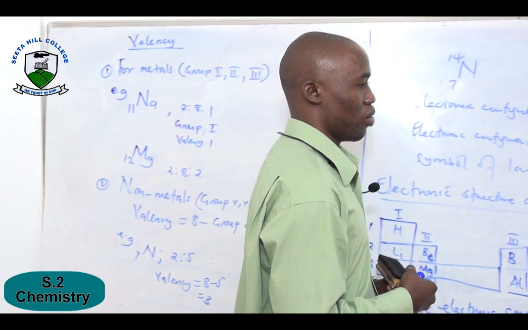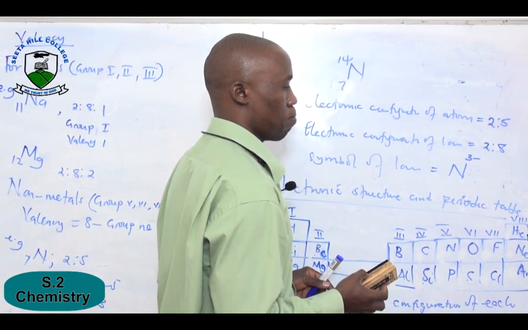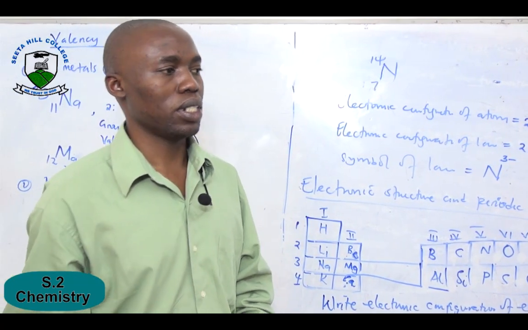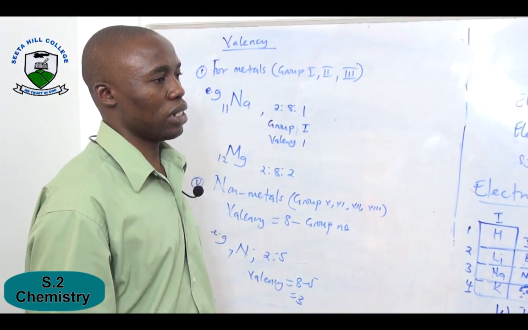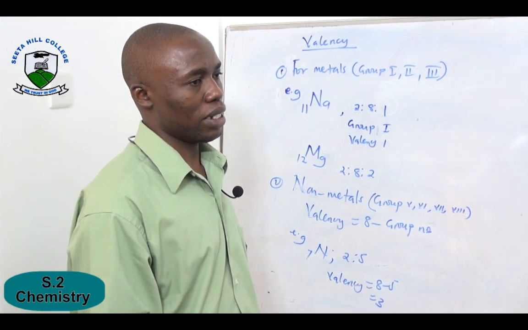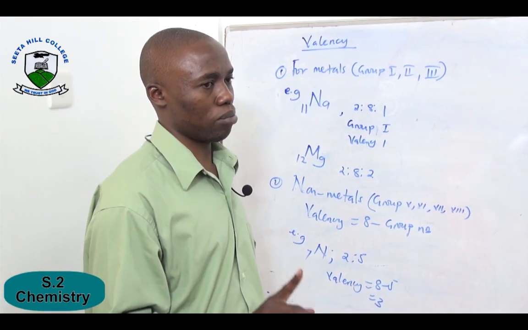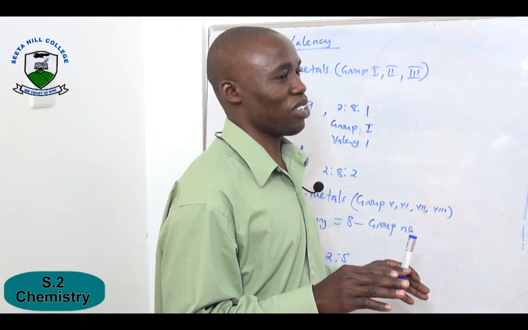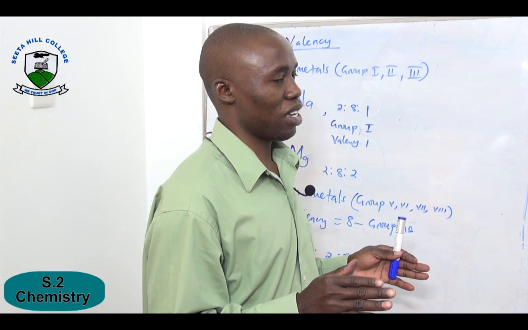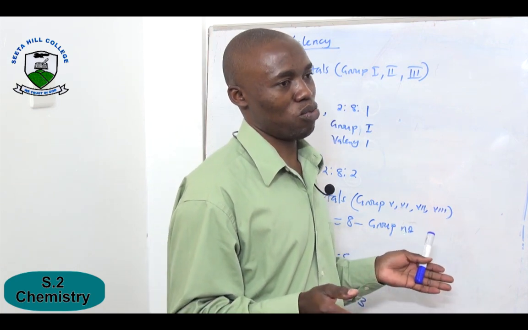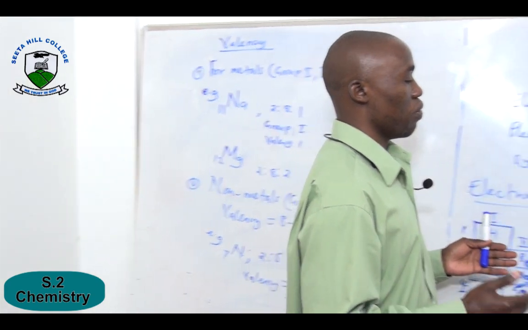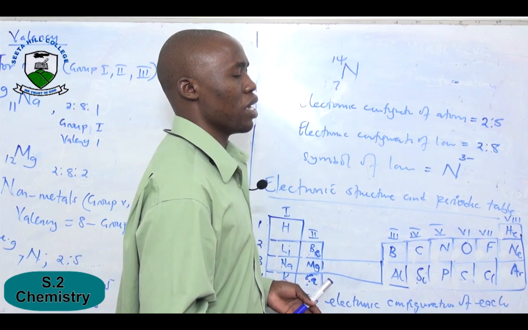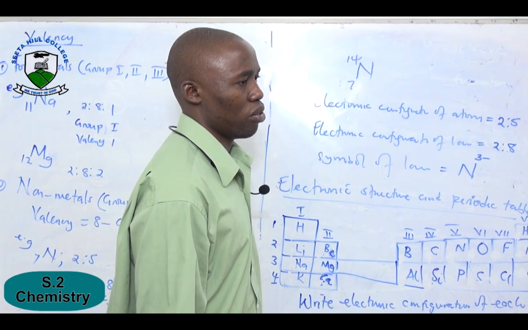Now that one is throwing me: metalloids. Now, listen. Metalloids is a group 4. Clear? Now look here. If you are a two-way person, who are you? Because they are in the middle. They have properties of metals as well as they behave sometimes like non-metals.